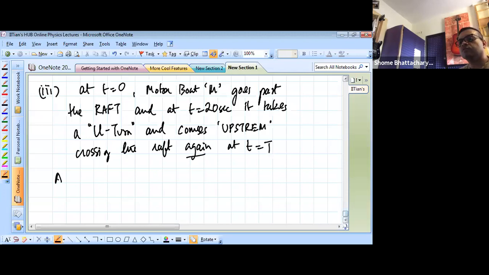Now in this, assume the time taken to make the U-turn is negligible.